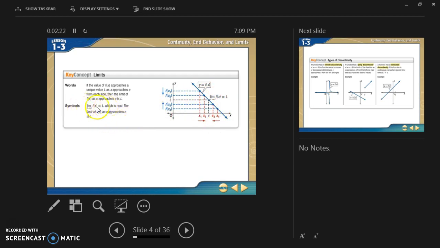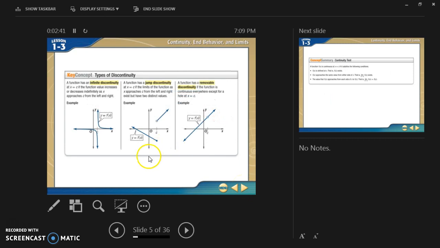This is how it's written in symbols, and this is how it's read: the limit as x approaches c of f of x is L. L is a y value, and your x are your x values. So that's a definition of a limit.